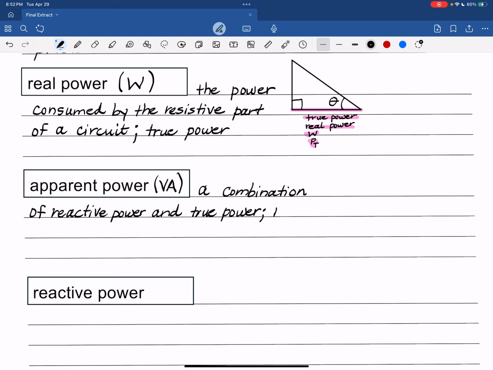It is also defined as the product, or multiplying, voltage. Remember Ohm's voltage.